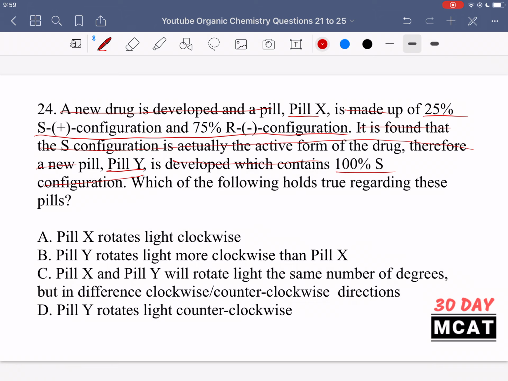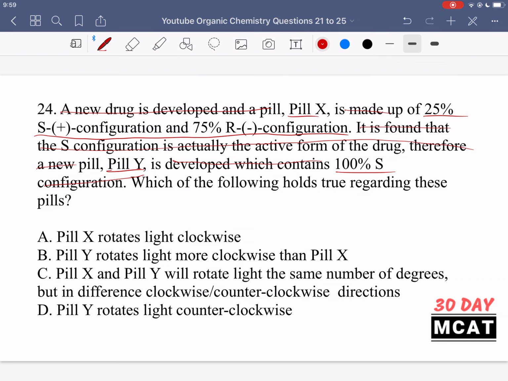We will assign priority to the different groups attached to the chiral center, and then go in terms of decreasing priority, so from 1 to 2 to 3, with 4 being in the back. So we follow those rules, and then depending on whether that goes clockwise or counterclockwise, we say something is R or S. So that's talking about the absolute configuration when it's one molecule.